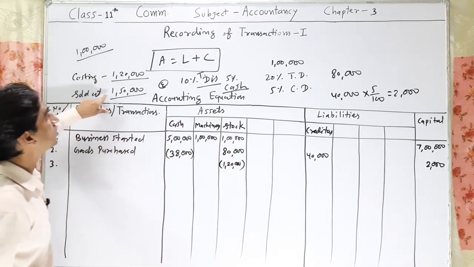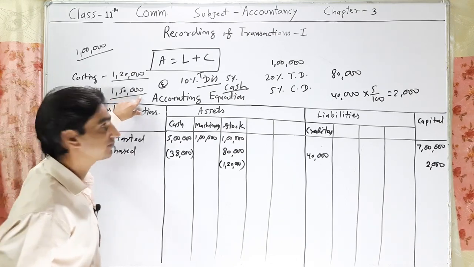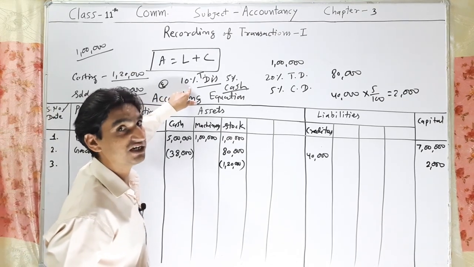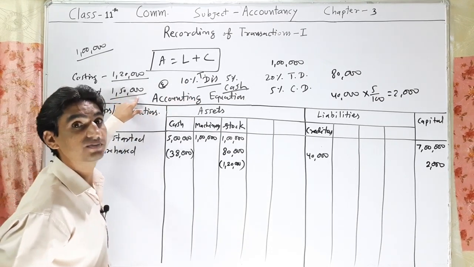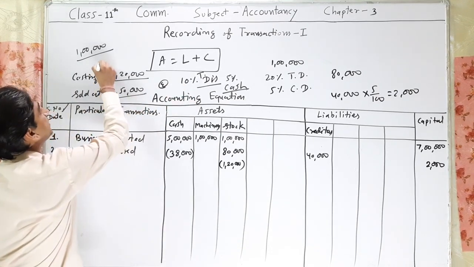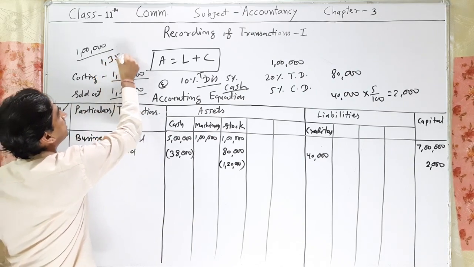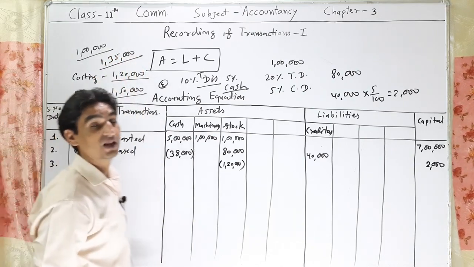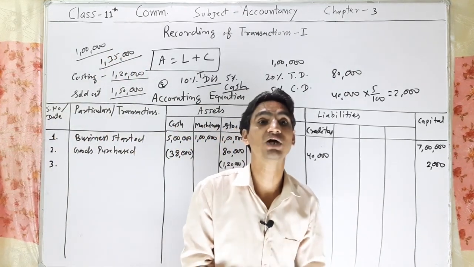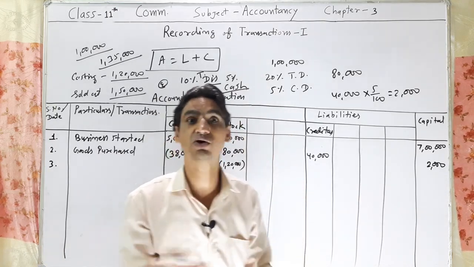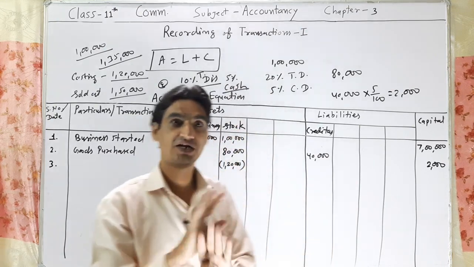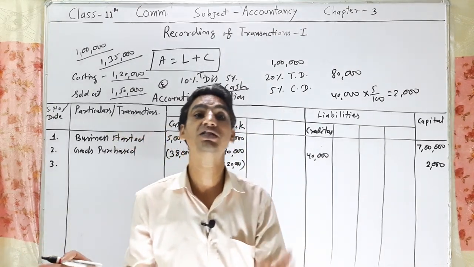We sold at rupees 1,50,000 at 10% discount. So 10% of 1,50,000 is 15,000. So selling price is rupees 1,35,000, because trade discount is never recorded in the book.